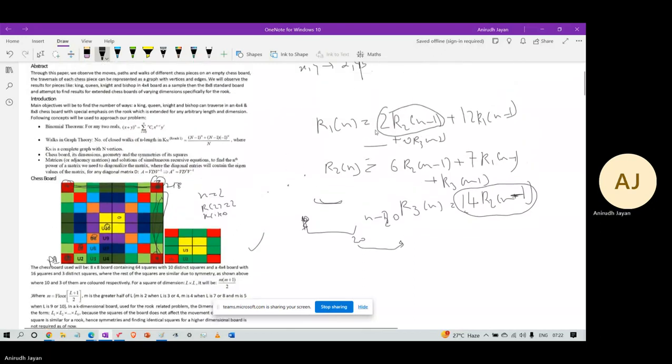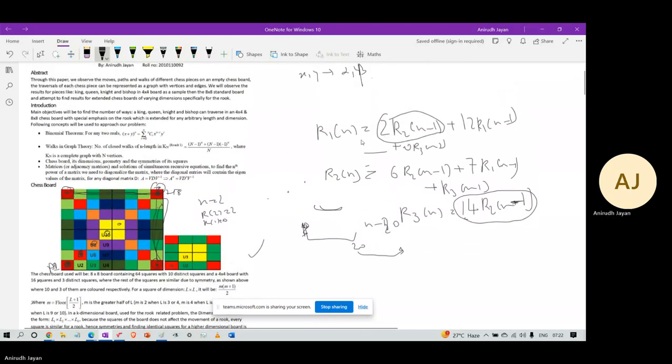Now, let's explain this again. Now, R1 of n, since now if you want to change xy to alpha beta, right?